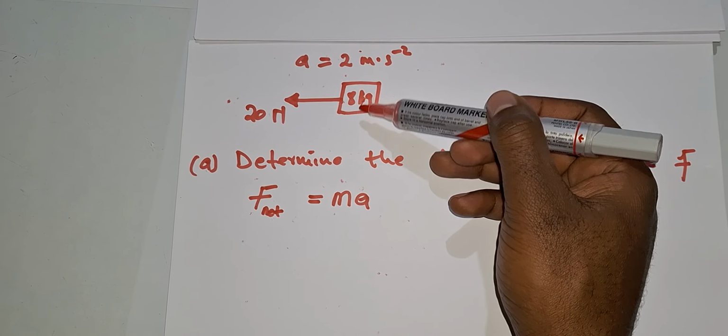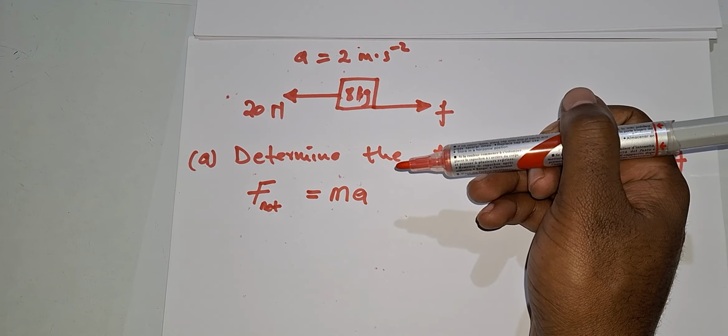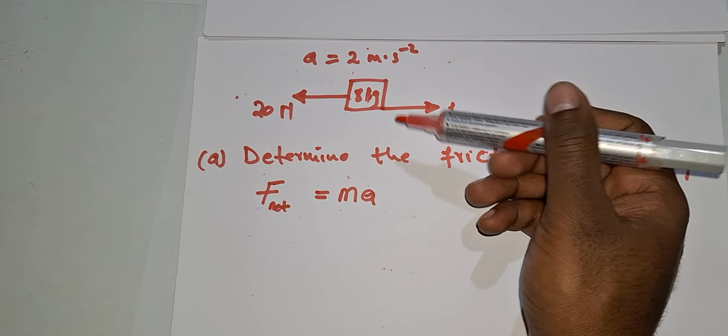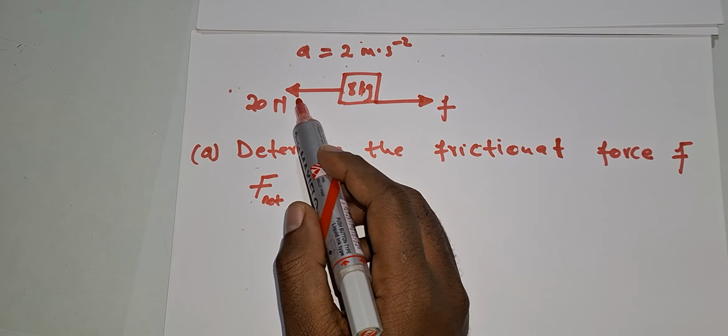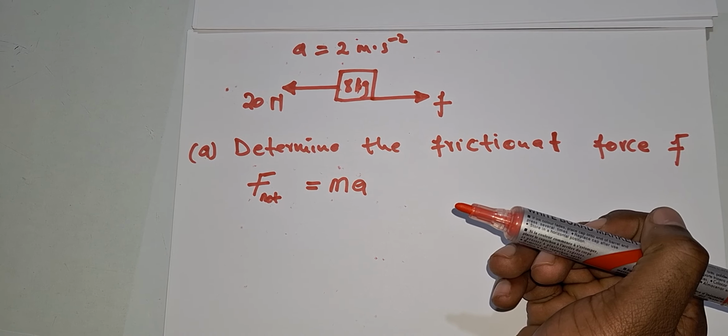Since they have the same values and opposite directions, which means they have different signs, they cancel each other. So in this case, we will only focus on these two forces that are shown on this diagram.